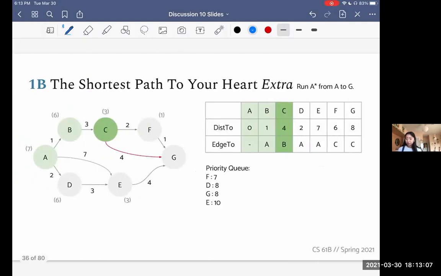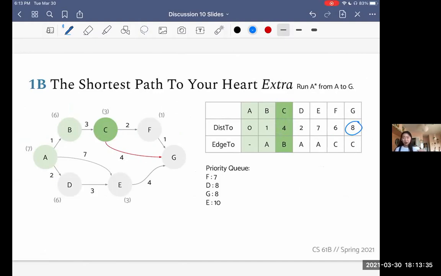Then we are going to look at the next child of C. And so once again, we say our distance to G cumulatively would be 8, right? Because we realize, okay, our total distance to C is 4, and then it takes another 4 to get from C to G, and so that gives us 8. And it's actually not included here, but if G is our goal, our heuristic estimate from the goal to the goal should be 0, right?